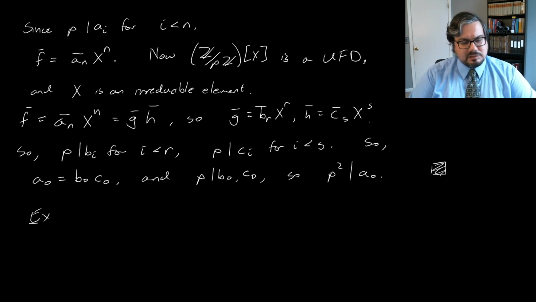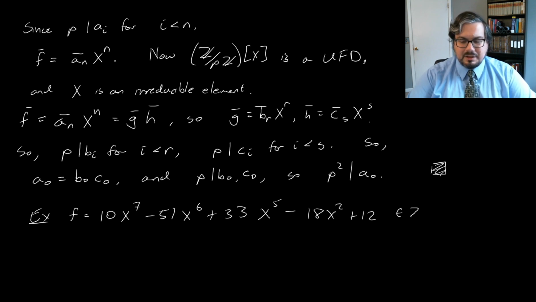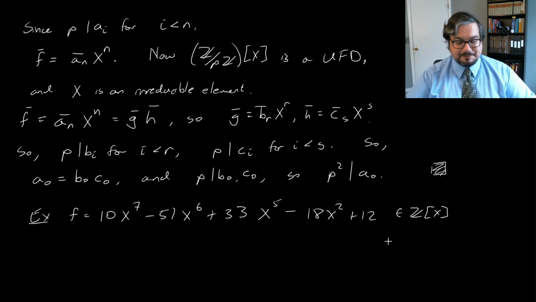So let's take as an example the polynomial 10x to the 7th minus 51x to the 6th plus 33x to the 5th minus 18x squared plus 12, and that belongs to Z adjoin x.